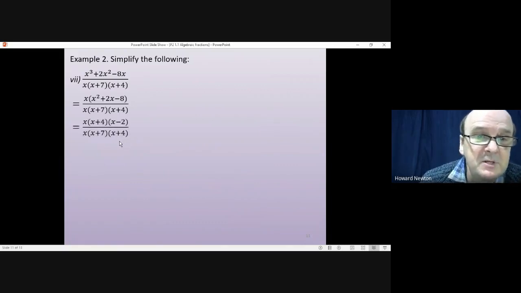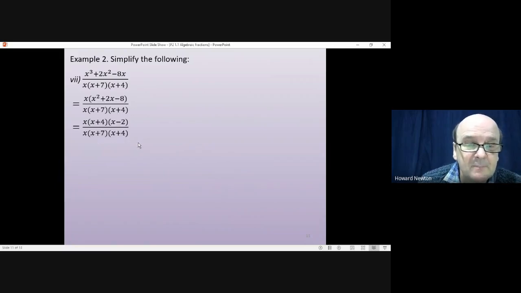So you'll get three terms on the top, x times by x plus 4 times by x minus 2 when we factorize this. And then there are two things that can be cancelled from the numerator and the denominator. We can cancel the x's, we can cancel the x plus 4s. And after we've done that, we'll be left with x minus 2 divided by x plus 7.